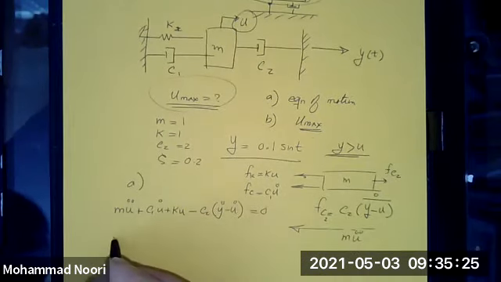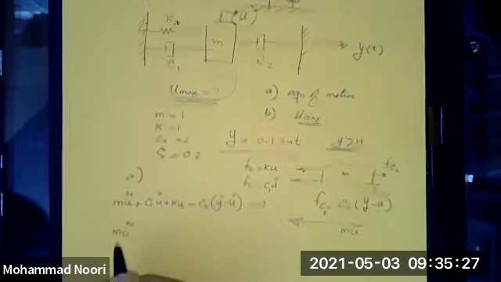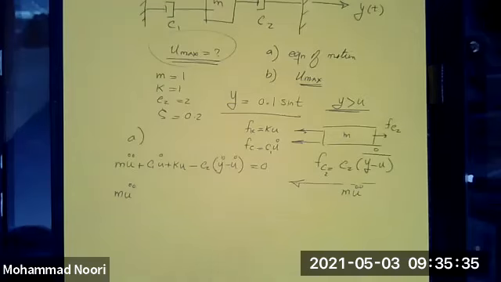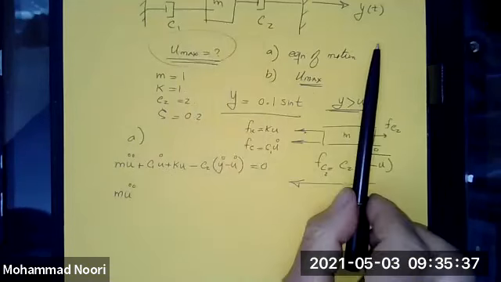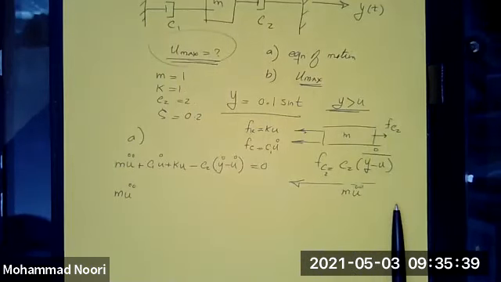Professor, I have a question on your setup. Sure. How did you know the inertia force was pointing to the left and not the right? I'm assuming that the motion is in this direction. The inertia force is always in the opposite direction of motion. Okay, thank you. Does that answer? You're welcome.